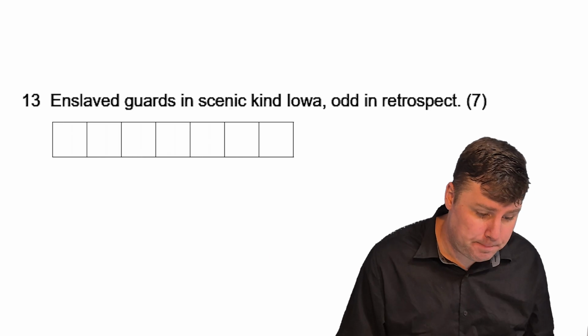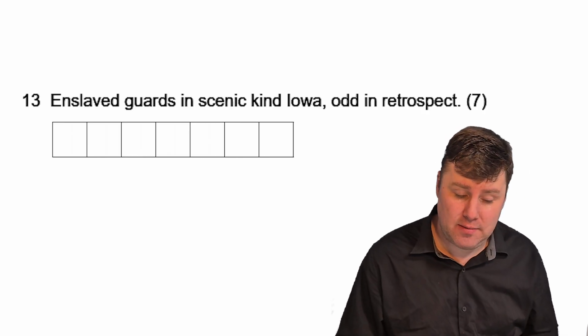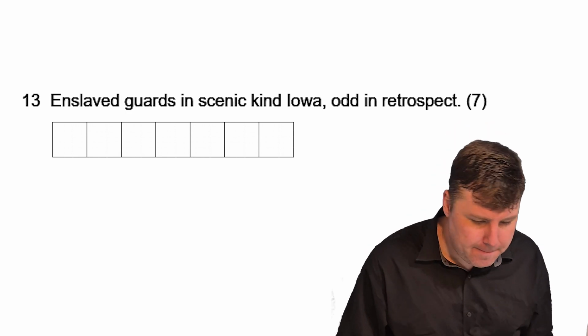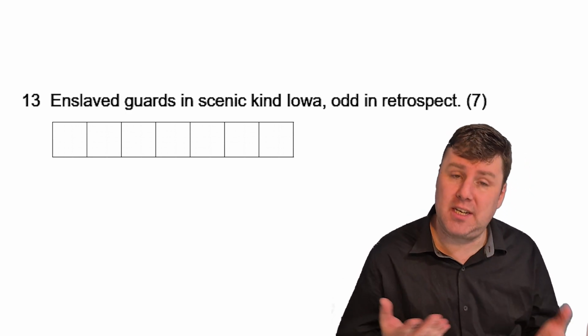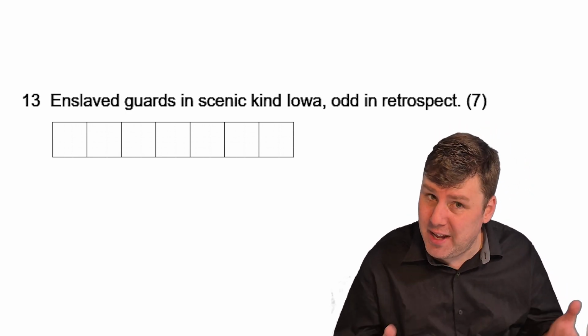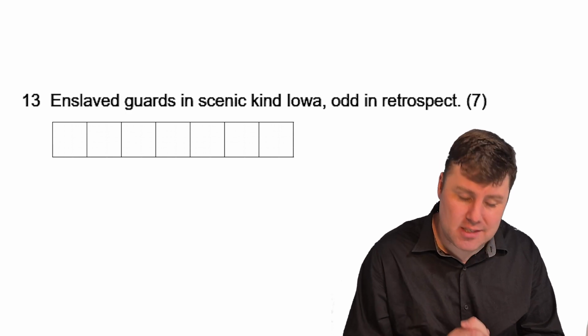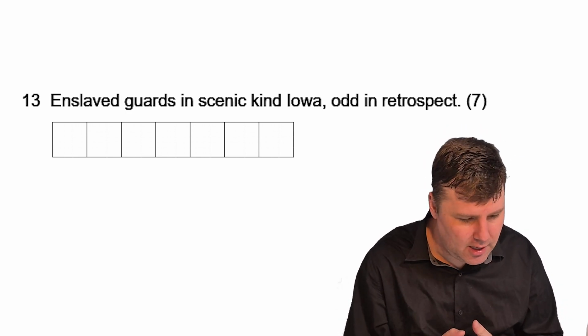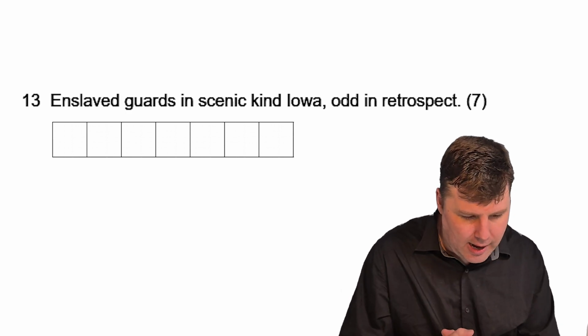13 across. Enslaved guards in scenic Kind, Iowa. Odd in retrospect. Now, this does require you to have a bit of knowledge about the Wizard of Oz. Enslaved guards would be a giveaway there if you are familiar with the musical or movie there.